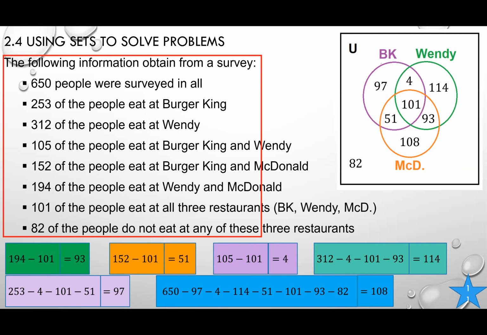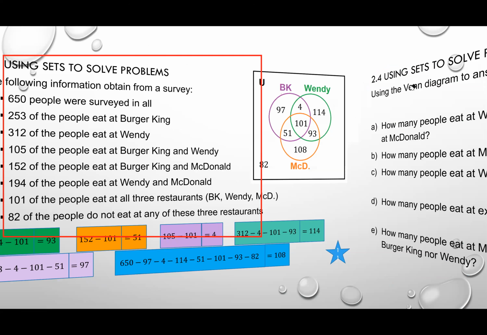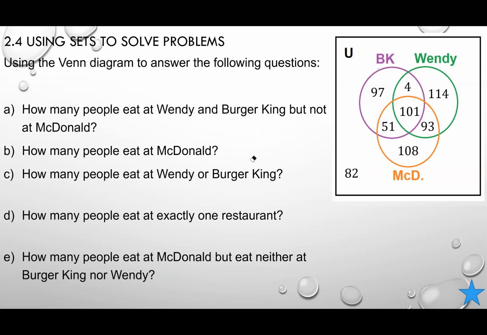Just kidding. After that, the only thing we need is to use what we just figured out. This is the Venn diagram I have. We just need to use this Venn diagram to answer the follow-up question. So they ask you to construct the Venn diagram, or they give you the Venn diagram. Now you have to answer this follow-up question.